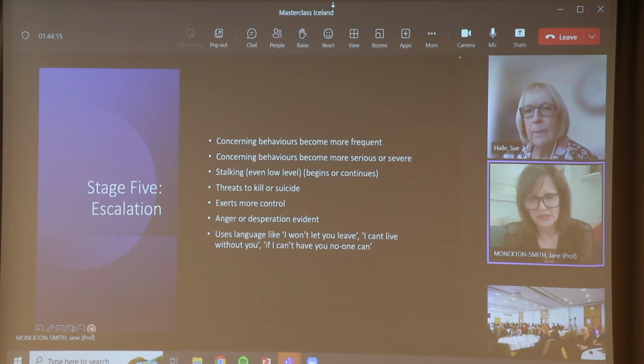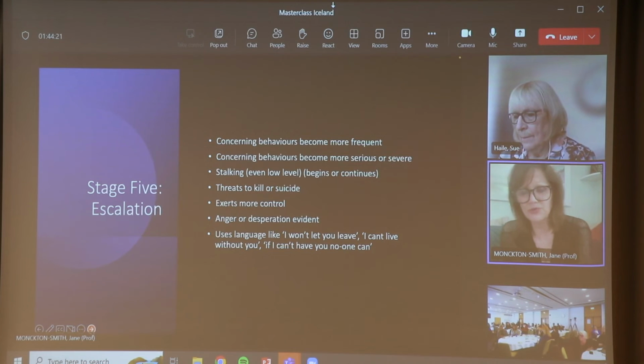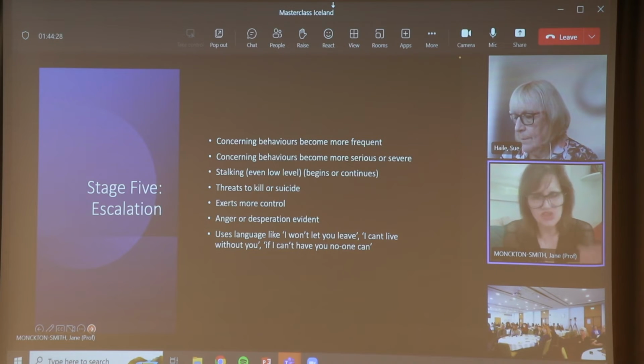The third thing that can happen is that they progress to stage 6 after a period in stage 5. But most controlling people will stop progressing. They won't progress to stage 6. They will circle back. That tends to be what happens.